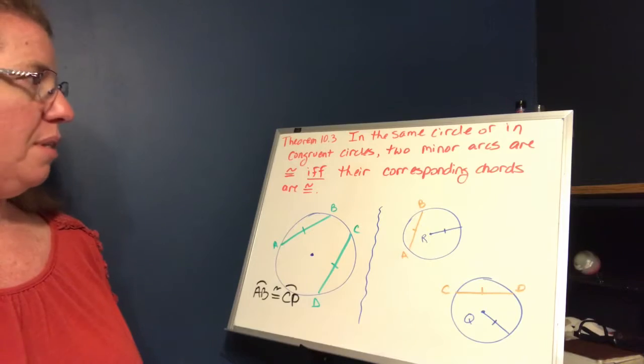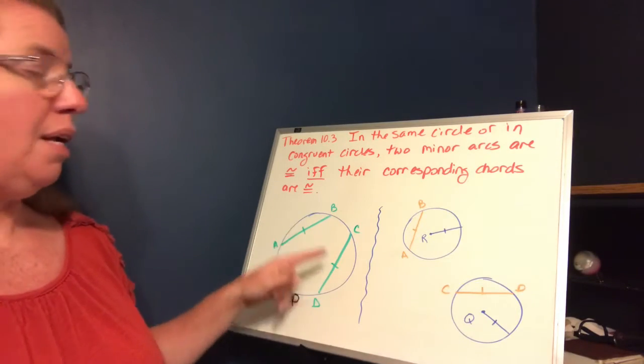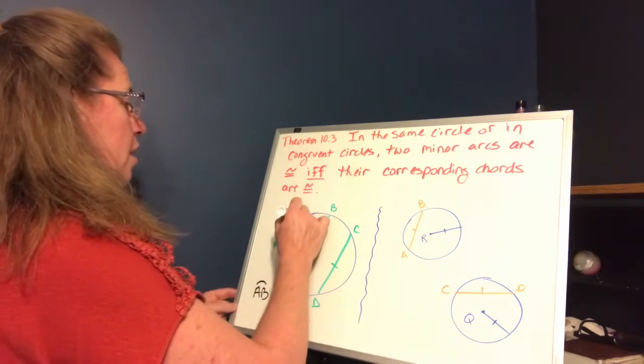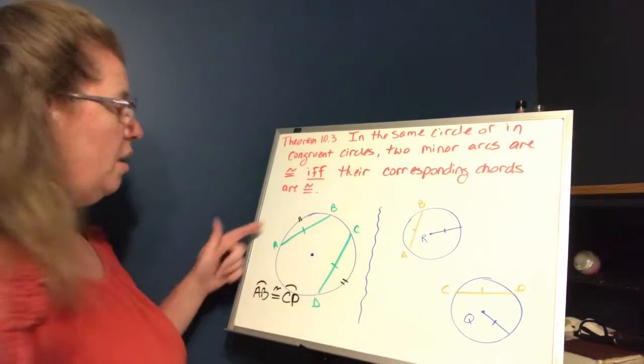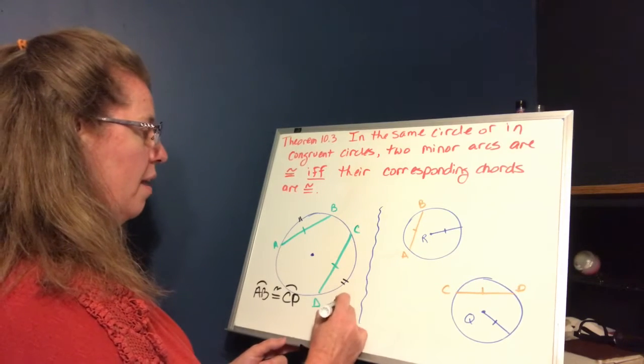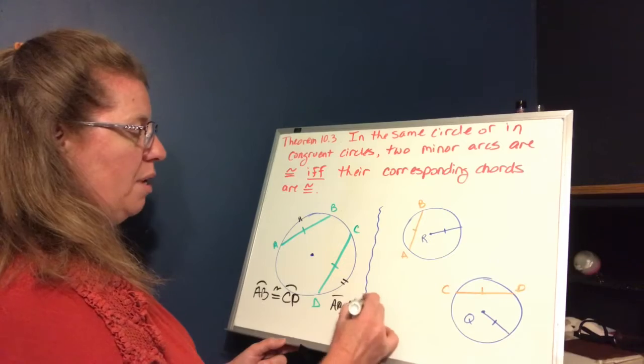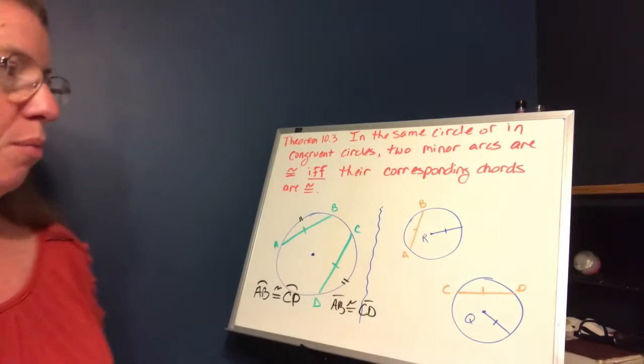That's what my statement says. Vice versa, if I know my arcs are congruent, then I could say that segment AB is congruent to segment CD. That's what my theorem is saying.